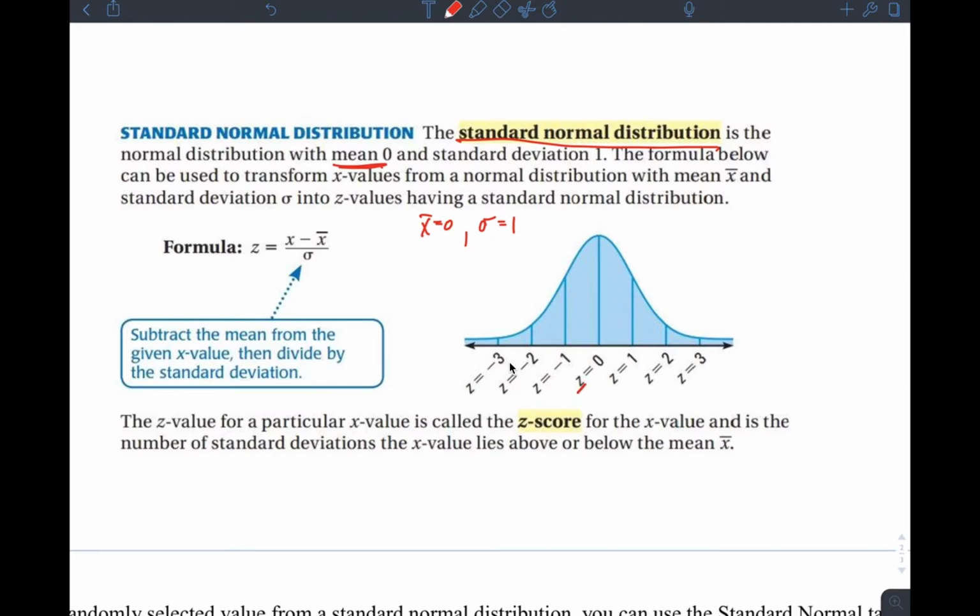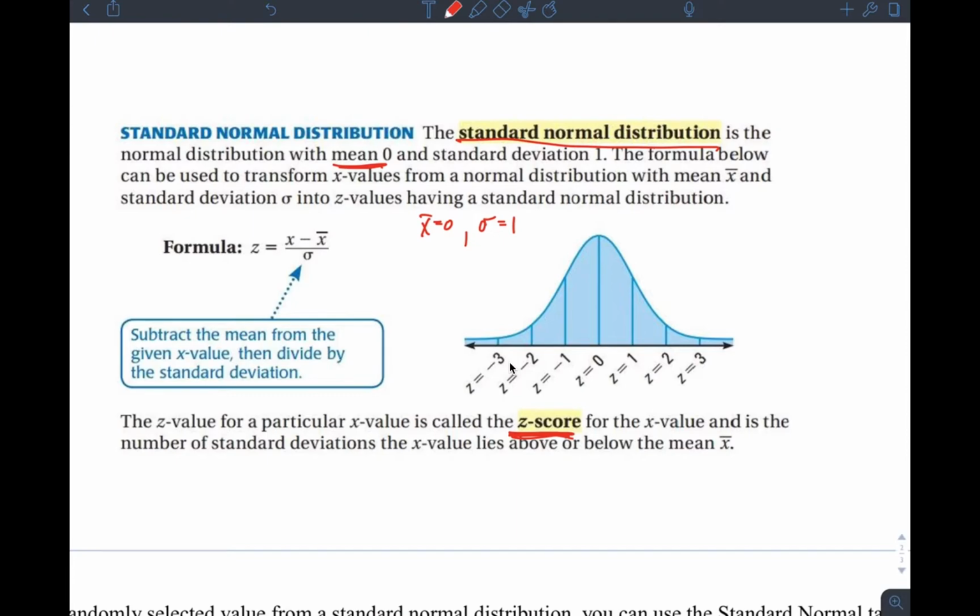What does z mean? Z is a z-score. Instead of writing x bar and x bar plus sigma, which technically would be the same thing, x bar is 0 and x bar plus sigma is 0 plus 1, which is 1. That is true, but we don't write that for the standard normal distribution. We just call it a z-score.